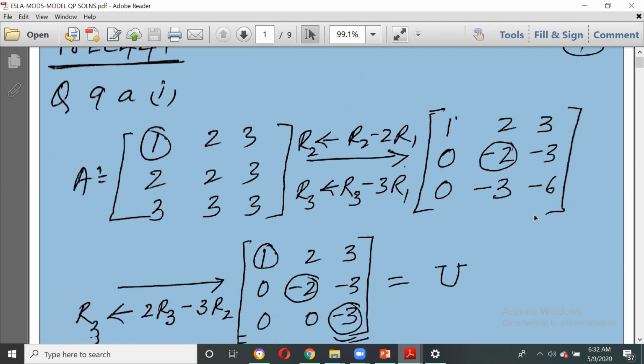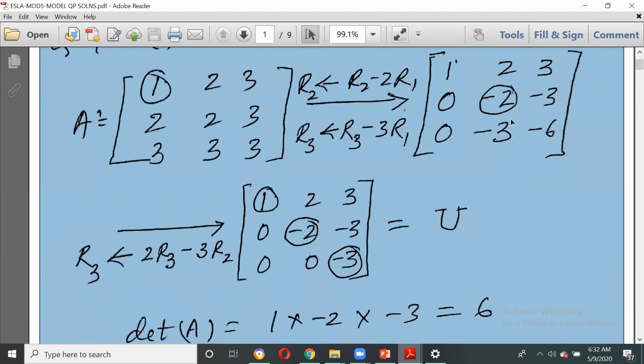Having got this, now this is the pivot, and now this should be made equal to 0. To make this equal to 0, we should multiply R3 by 2 and then subtract R2 multiplied by 3, that is 2R3 minus 3R2.